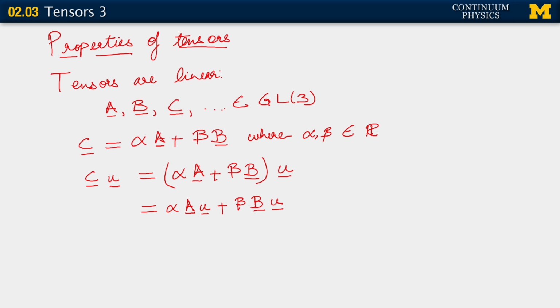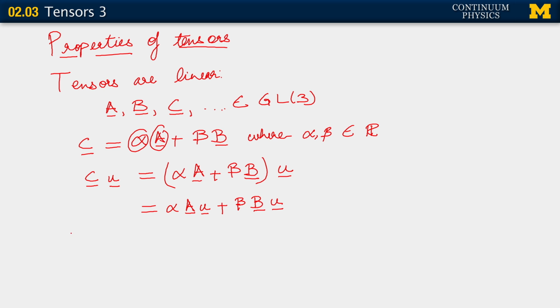So this is what we mean by the addition of tensors as well as by the scalar multiplication of tensors. We've multiplied a scalar alpha into a tensor A, and likewise a scalar beta into a tensor B, and what we mean by this is the result on the last line.